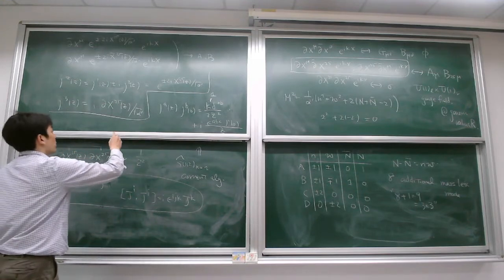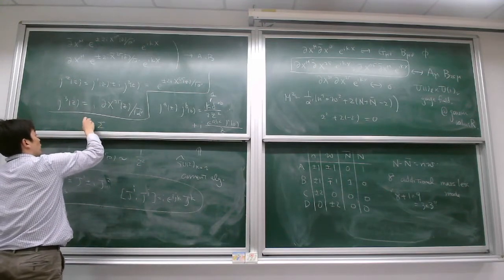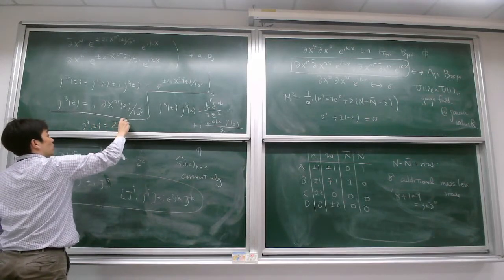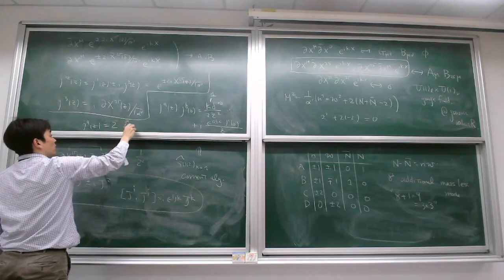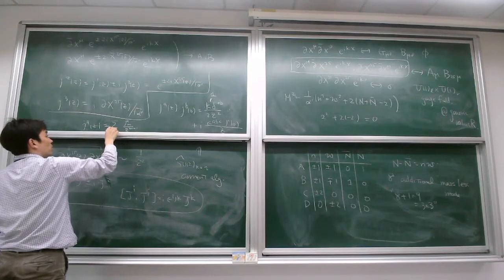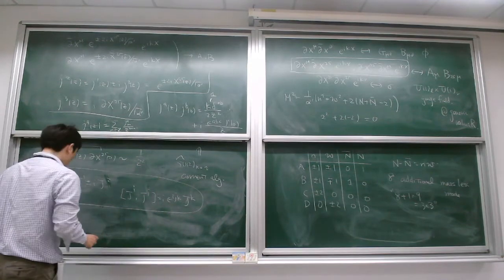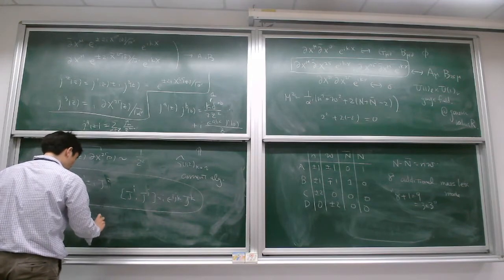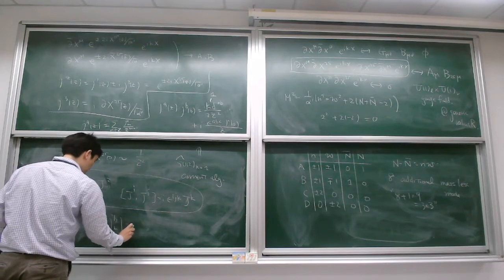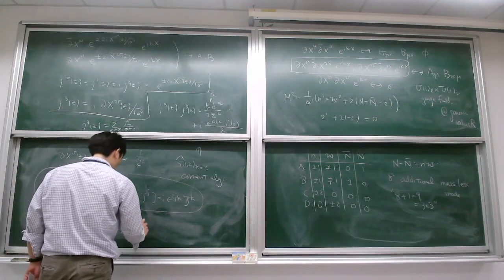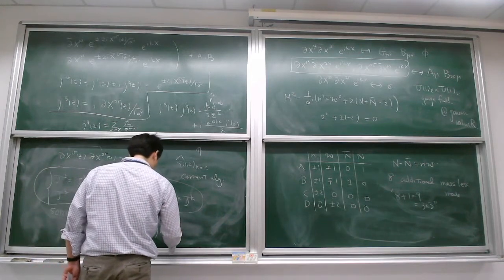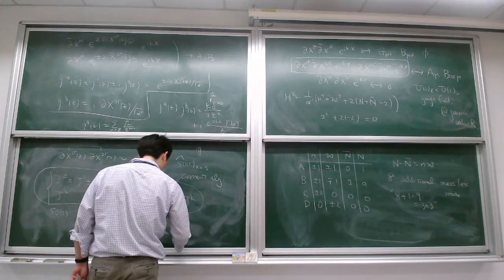If you do the mode expansion, J^a of z is the sum over J^a_m z^(-m-1), m runs over integers, and now we have the new current algebra: [J^a_n, J^b_m] = i epsilon^abc J^c_(n+m) plus k over some number.